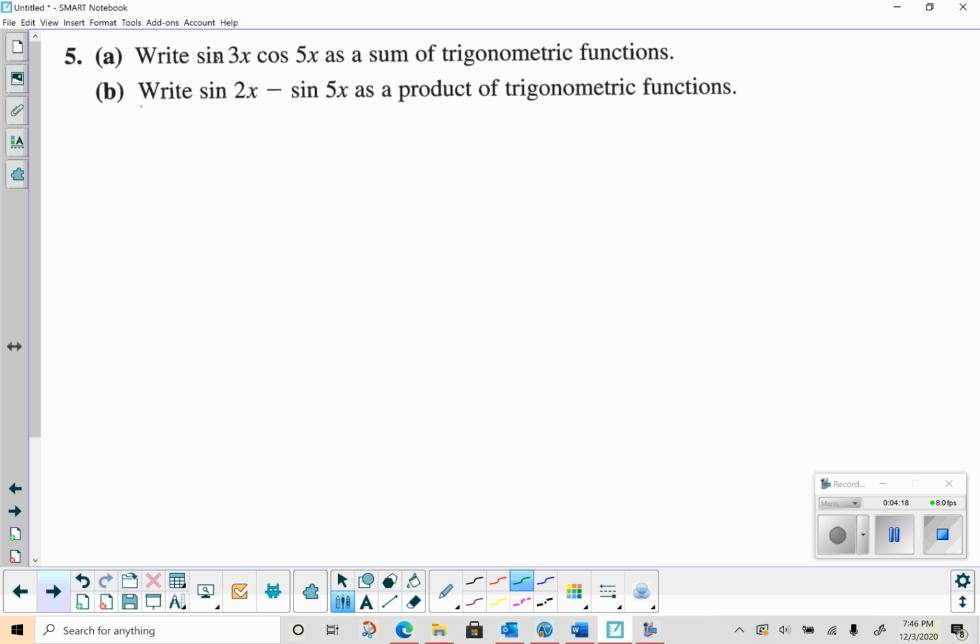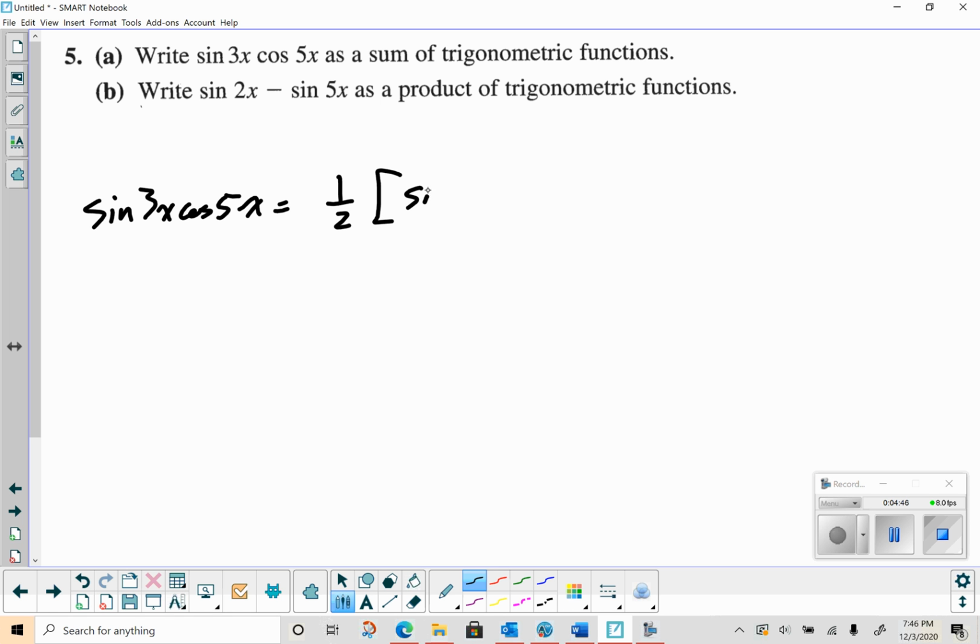All right, so for part A, sine times cosine was, I believe, the very first one in that particular lovely blue box. So sine of 3x times the cosine of 5x, according to my formula, should be 1/2 times the quantity.